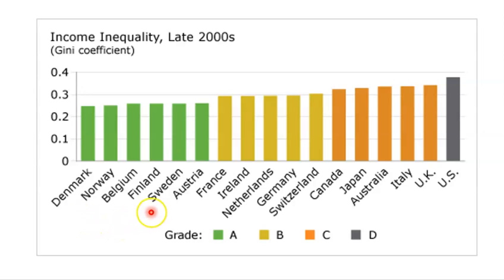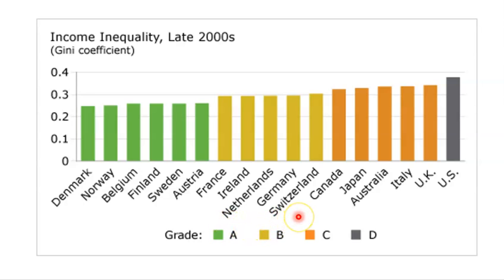The Scandinavian countries, Austria, Belgium. Here's the Netherlands here, which we saw earlier when we looked at the measurement of girls' heights.